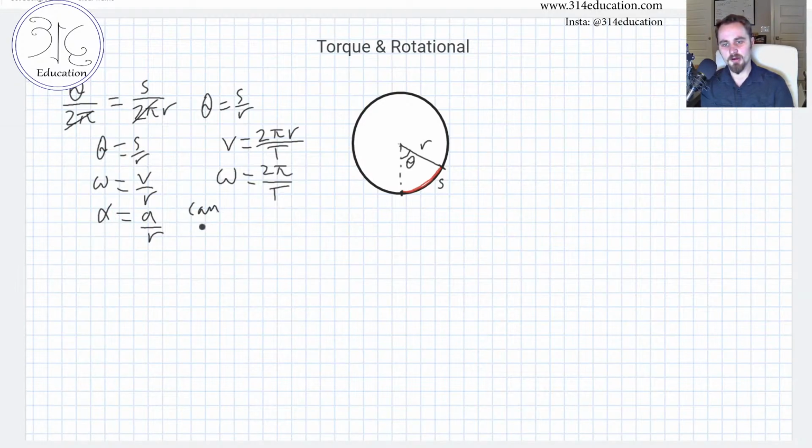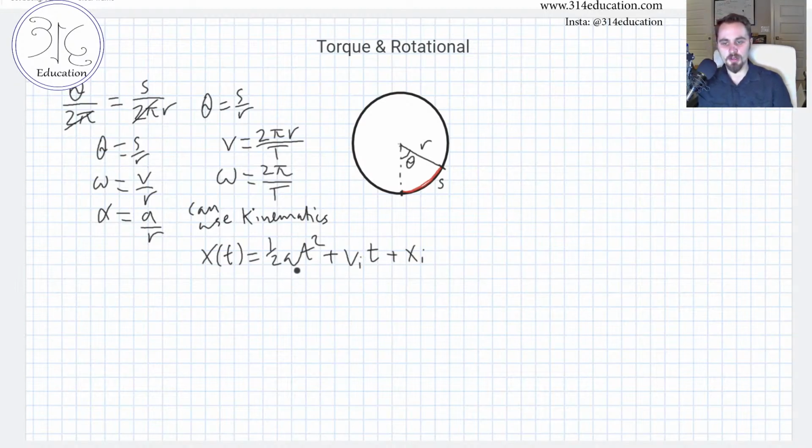So we can use our old kinematics equations by just plugging in our angular quantities for their respective linear quantities. And so something like x of t equals 1/2 a t squared plus v initial t plus x initial.